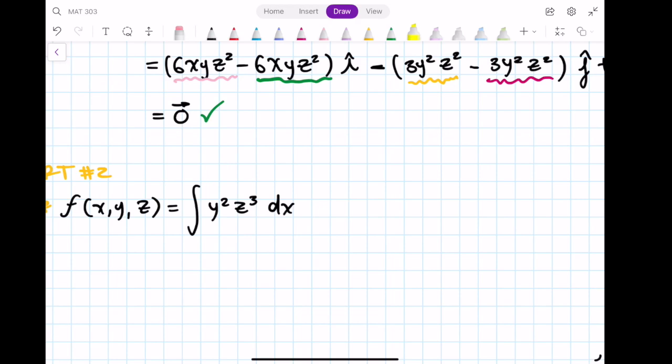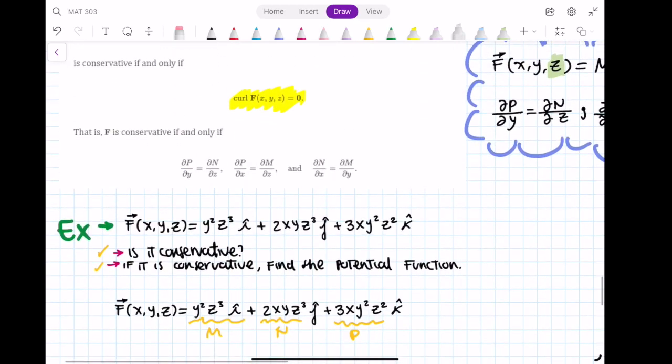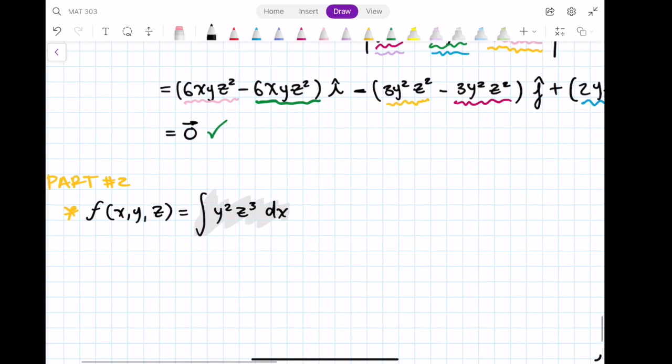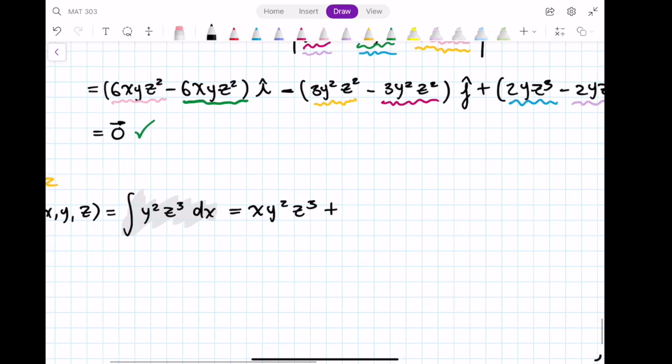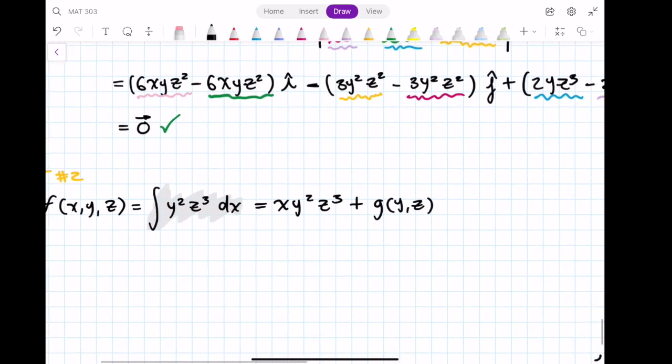I'm going to show you we got this from our function at the beginning here, right? I did already this, so this will be equal to xy squared c cubed plus, remember that we don't have a limit, so we need a constant. That the constant is going to be any function of y and c, right?